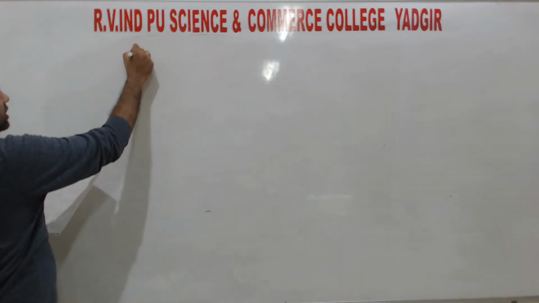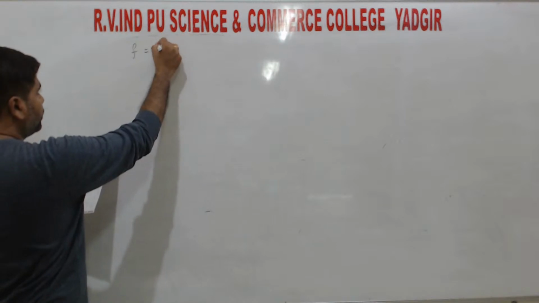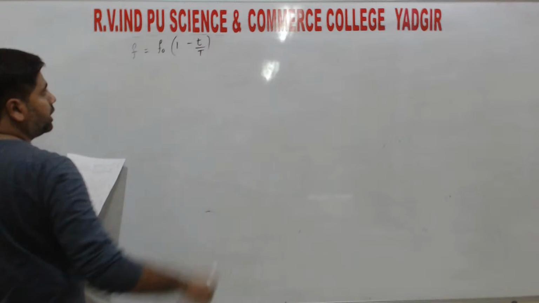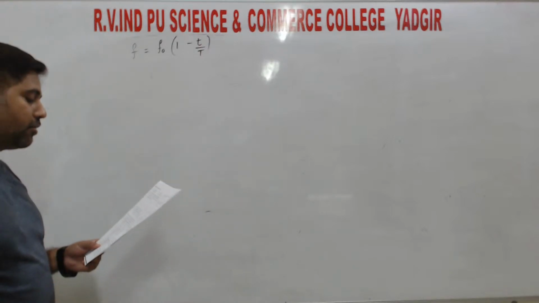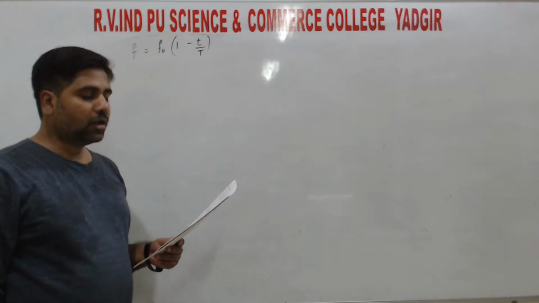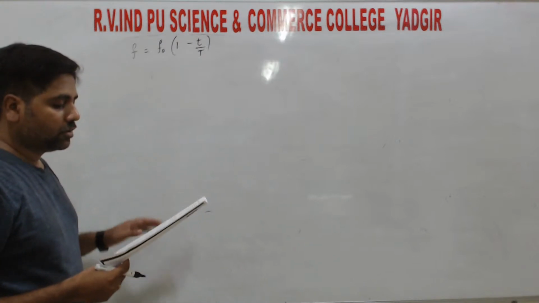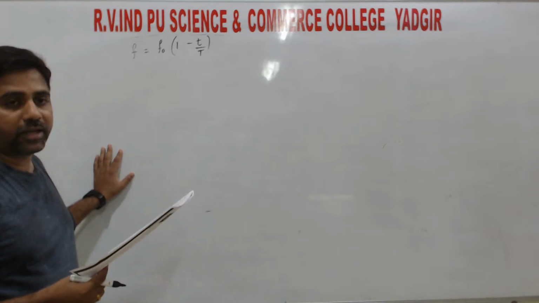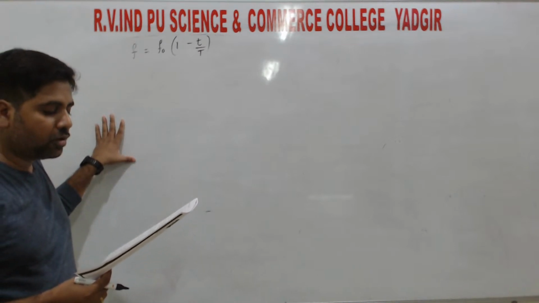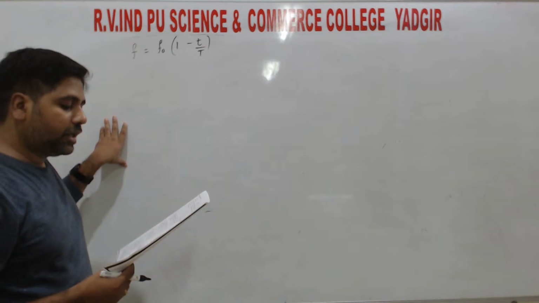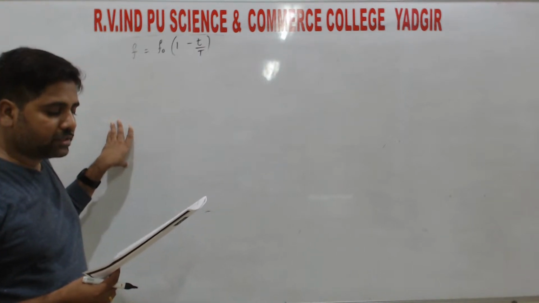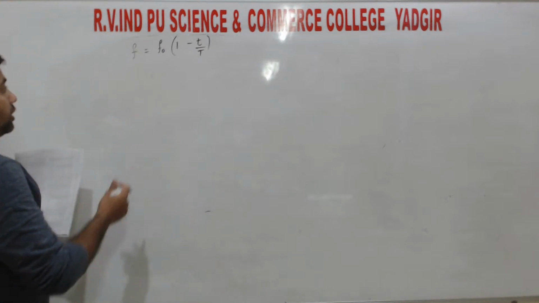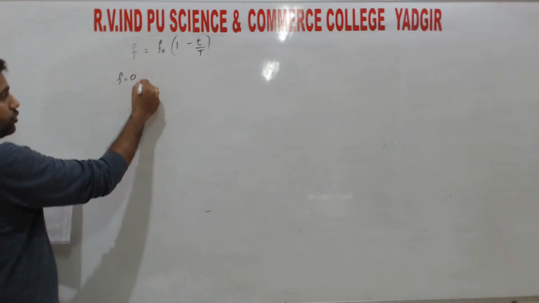So the given acceleration relation is f equals f naught into 1 minus t divided by T. So this is the acceleration and we need to find the particle velocity, and they gave the condition that at t equals 0 the particle has 0 velocity. That means when t equals 0, its velocity is 0. In the time interval between t equals 0 and the instant when f equals 0, that means when f equals 0, right?